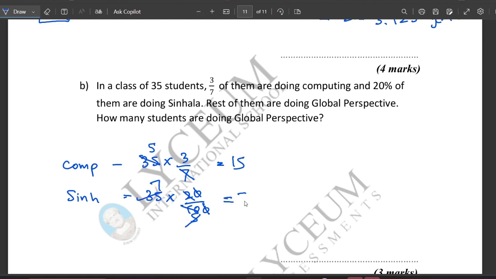So only 7. So rest of them, global perspective is 35 minus 15 minus 7. So that's 13.